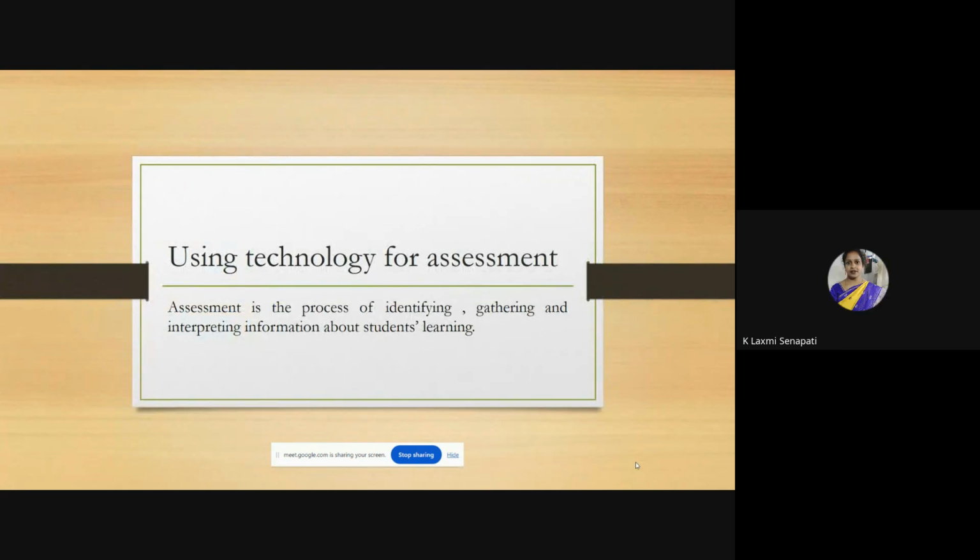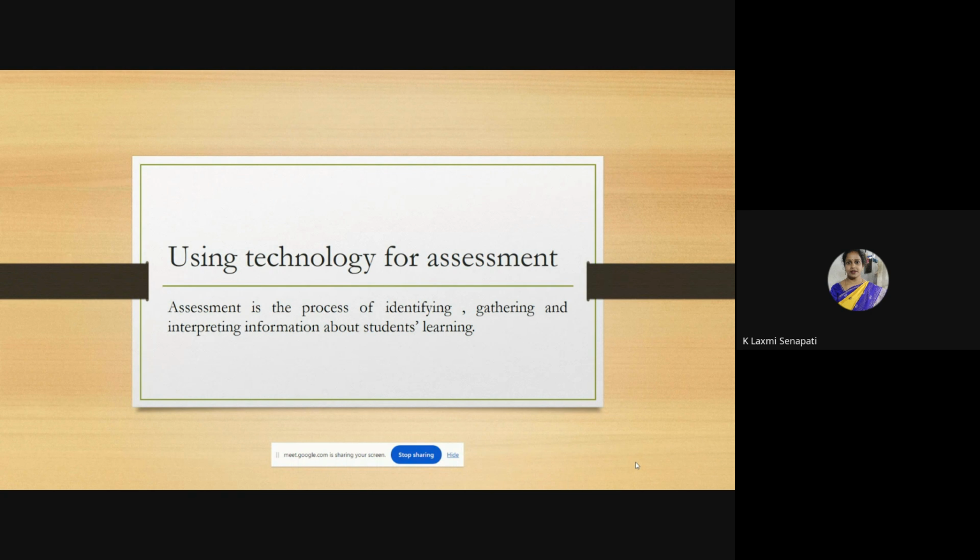So here we will discuss how technology will be helpful for assessment. You already have the idea about what is assessment. Assessment is the process of identifying, gathering and interpreting information about the student's learning. It includes both curricular and other curricular activities.